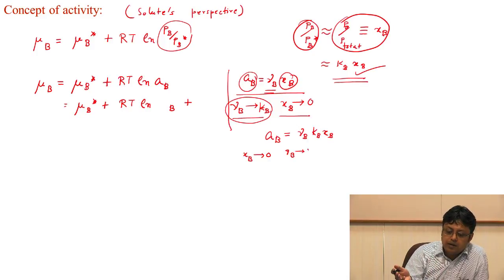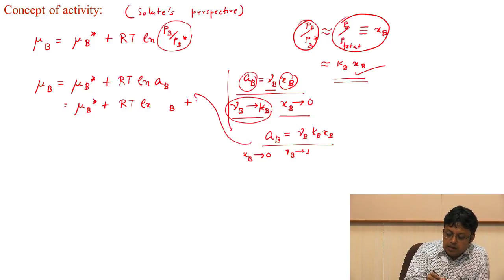Then I have satisfied everything. So if I put the value of activity here, I'll have RT ln gamma B plus RT ln KB plus RT ln xB.